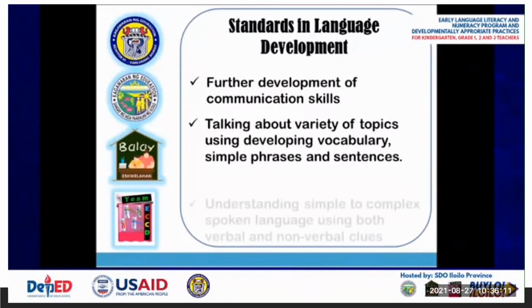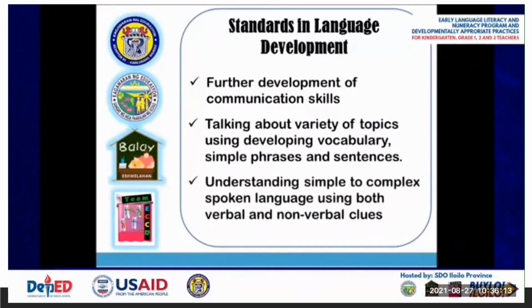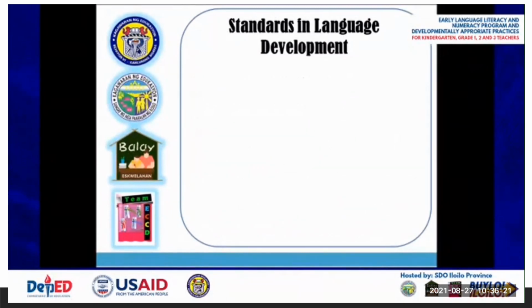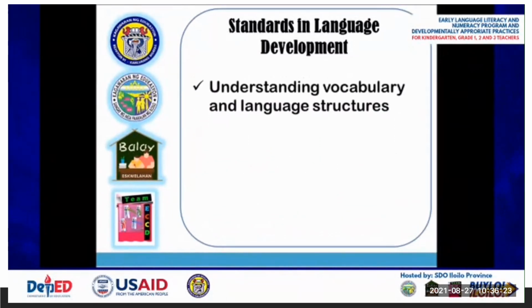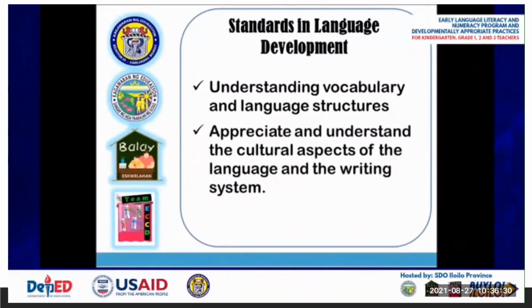Third, understanding simple to complex spoken language using both verbal and nonverbal clues. Fourth, understanding vocabulary and language structures. Finally, appreciate and understand the cultural aspects of the language and the writing system.